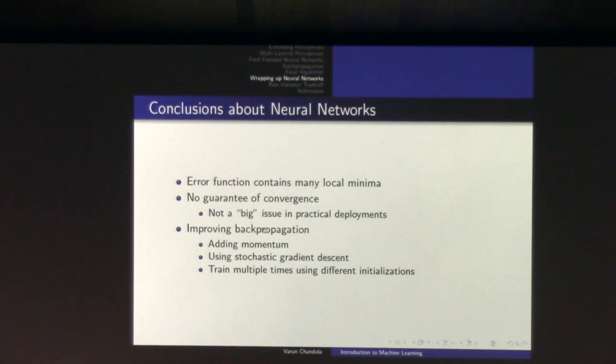Then there are several extensions to backpropagation, and we are not going to talk about them too much. But there are techniques like adding momentum. Momentum means that when you are updating your weights, in the new iteration you do not budge from your original position too much, so you have some inertia.